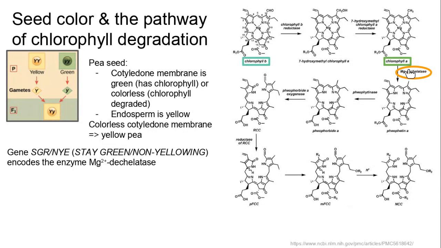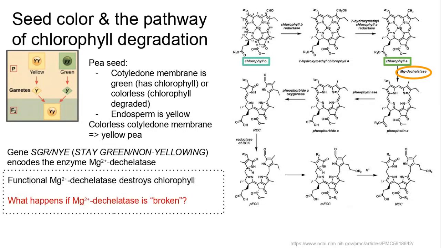Okay, so if this guy is working, this will be colorless, provided all of these are also working. Now, if it's not working, this pathway stops here. So a functional enzyme will destroy chlorophyll. Well, it will promote this step so that it can get to the end of destroying chlorophyll.